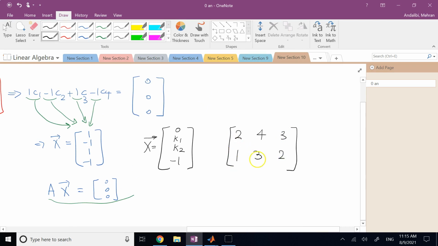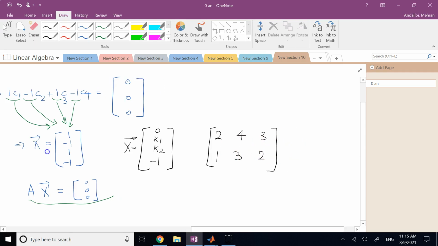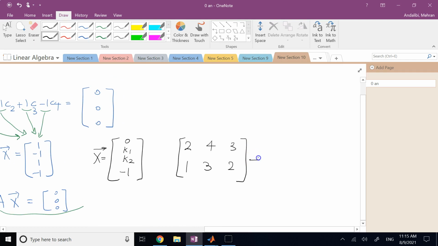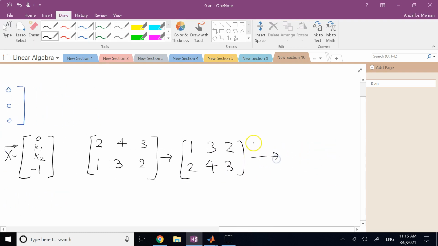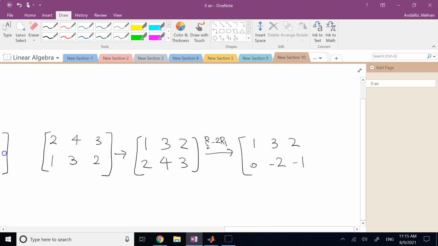All you need is to convert this to row echelon form or solve this 2 by 2 system of equations. If I swap the rows, 1, 3, 2 and 2, 4, 3, then multiply the first row by -2 and subtract from the second row, I will get 0, -2, and -1, correct?